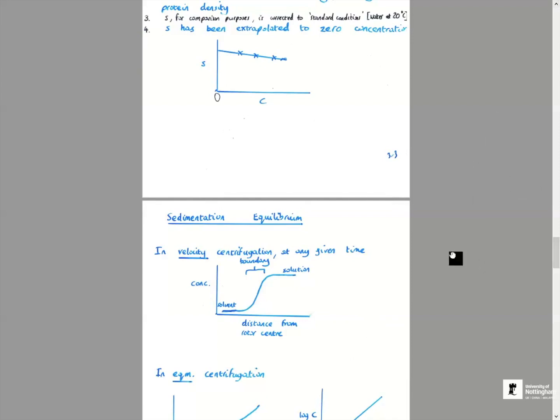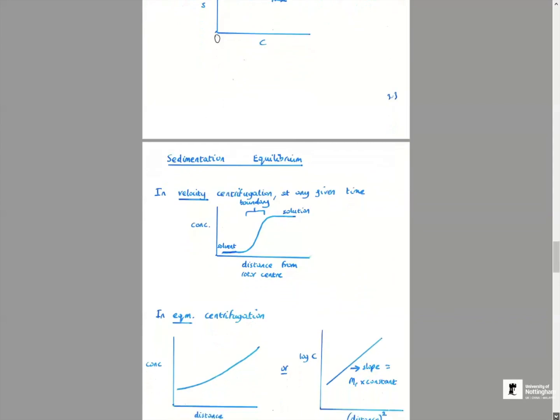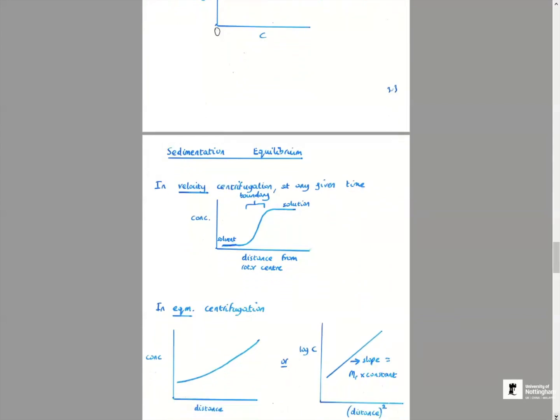Fine, so this is sedimentation velocity: high speed sedimentation rate divided by a centrifugal field gives you the sedimentation coefficient, to measure the size and shape. Now, at lower speeds, the forces of sedimentation and diffusion come to equilibrium. You don't get a boundary moving down with time, but a steady state situation where the sedimentation that way and diffusion forces that way balance each other out, and you end up with a steady state concentration distribution.